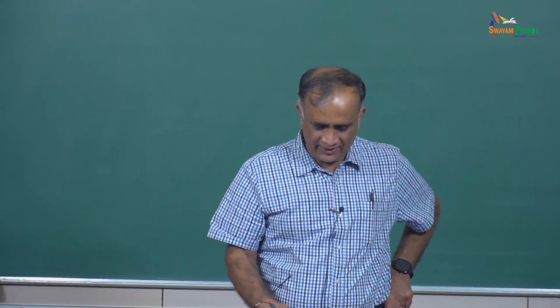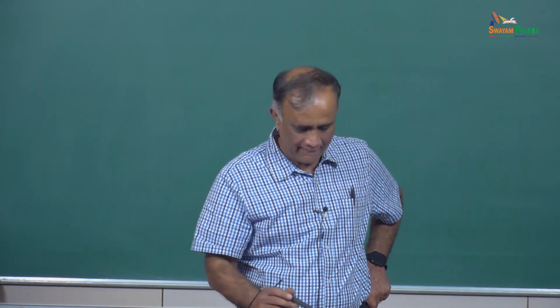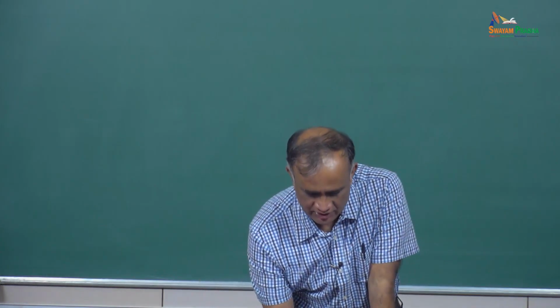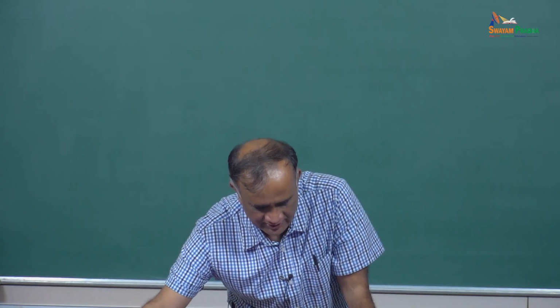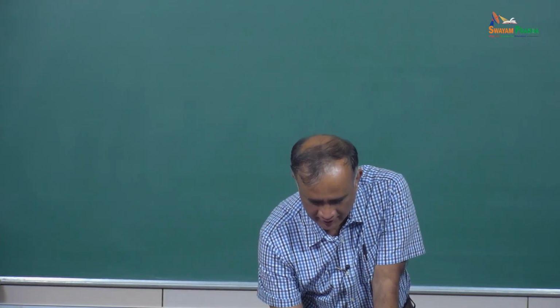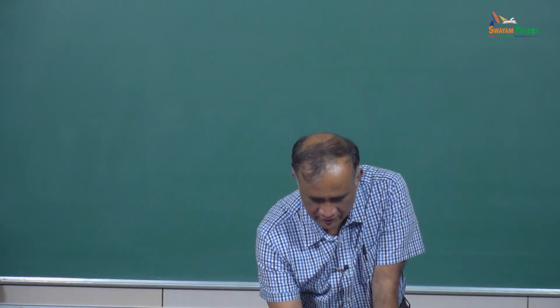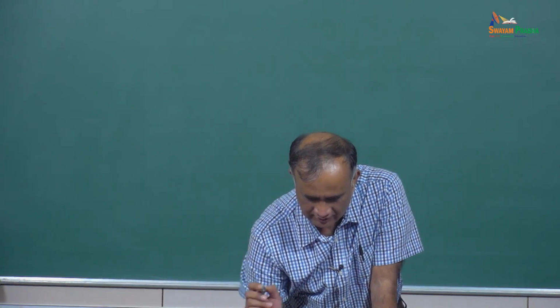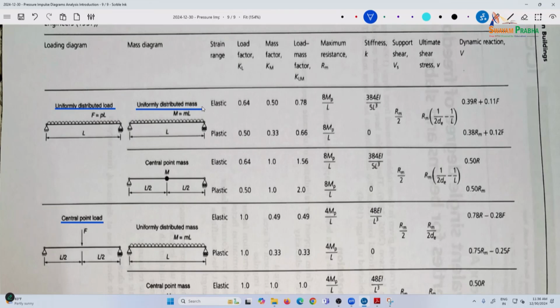What they have here is the loading diagram, and two things to be observed. This is uniformly distributed load, for central point load, uniformly distributed load, and the mass is of course uniformly distributed mass. Central point mass we will not consider. But there are two things you should look at, elastic and plastic.